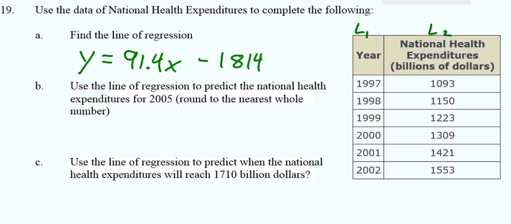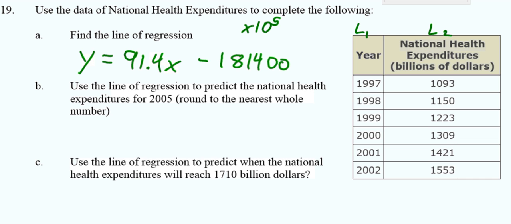And E5 is the same thing as saying times 10 to the fifth, which means you have to move the decimal 5 spots, 3, 4, 5, and fill in those zeros. So there's our equation, y equals 91.4x minus 181,400.